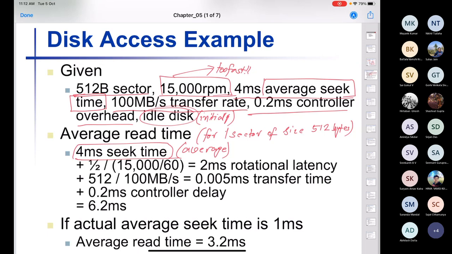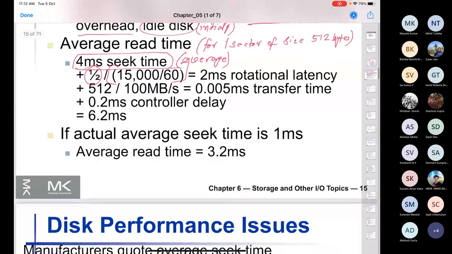Then the rotational latency is half divided by this. 15,000 divided by 60 is the time required for one rotation. And why is half being used here, as if a half rotation is happening, students? Any answer?